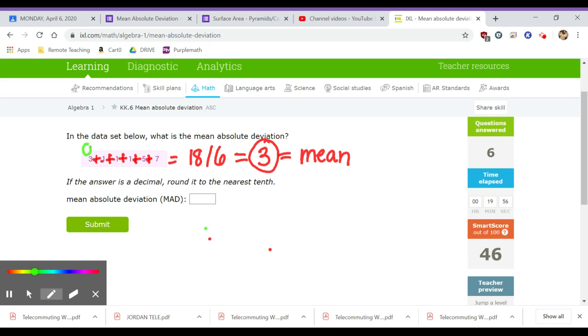So 3 is 0 away from 3. 1 is 2, 2, 2. 5 is also 2 away from 3. And 7 is 4 from 3. So let's go down here and let's add these new numbers. 0 plus 2 plus 2 plus 2 plus 2 plus 4, almost left out a 2, divided by 6.